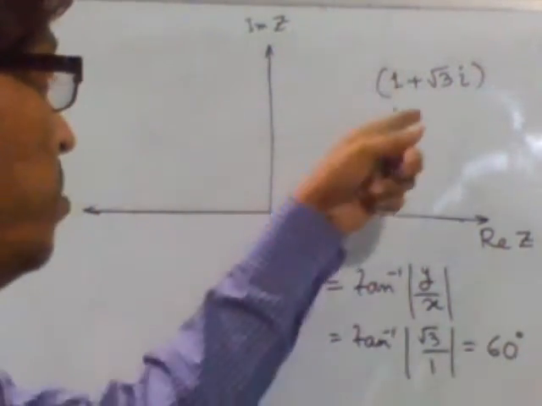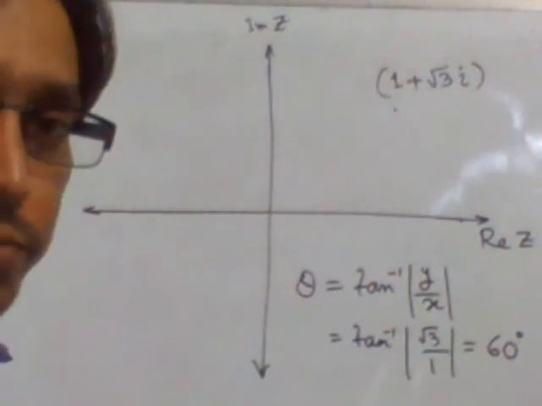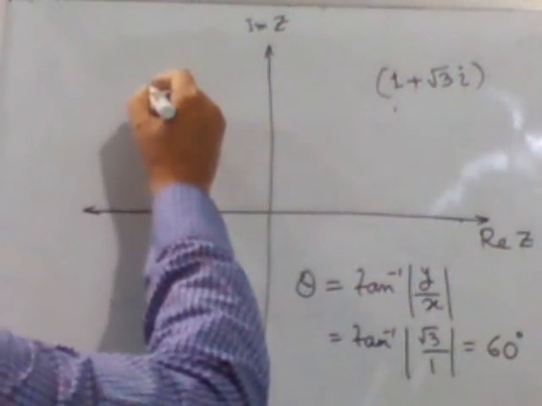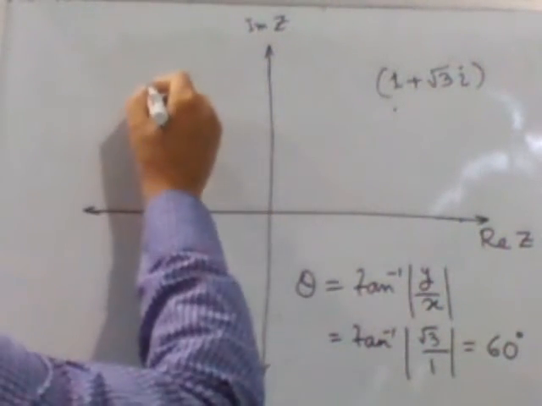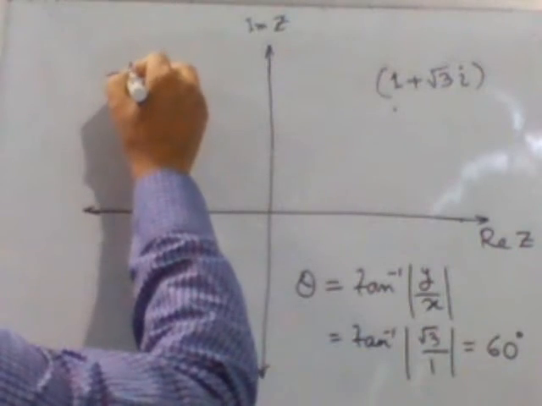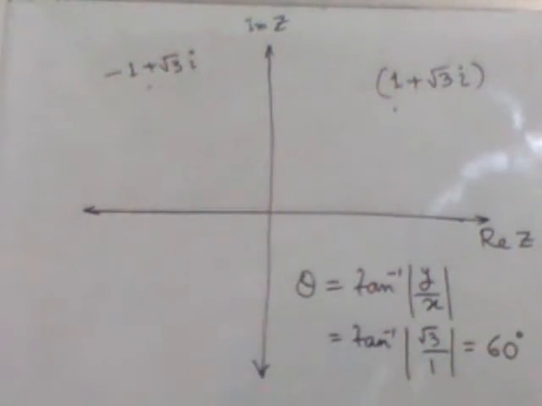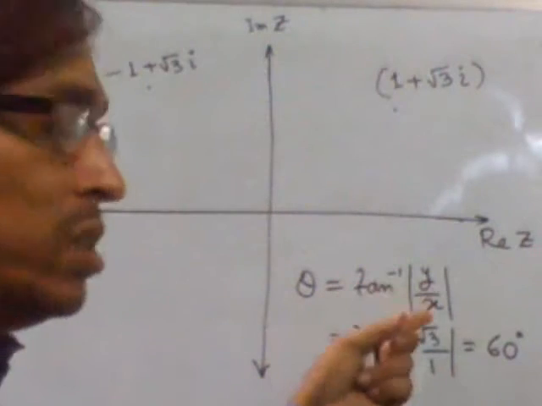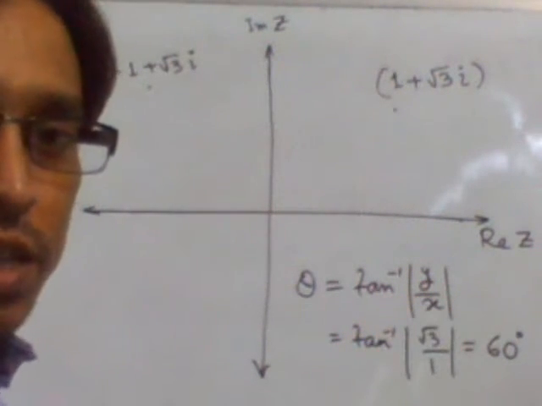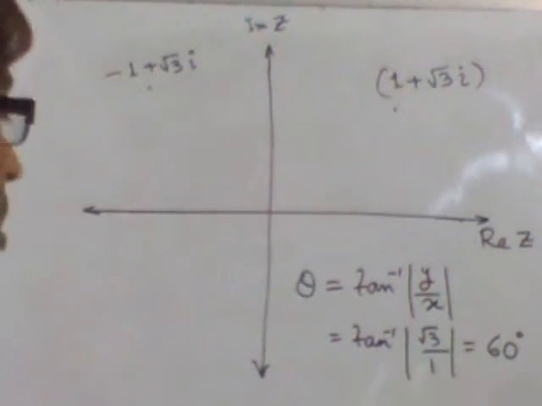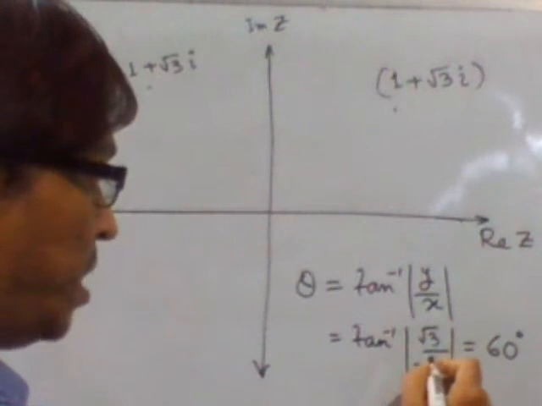Now suppose the same complex number is in the second quadrant. Then the complex number will be minus 1 plus root 3 i. Again, you just repeat the same process. You take tan inverse modulus of y by x. So in this case also you will get root 3 by minus 1.